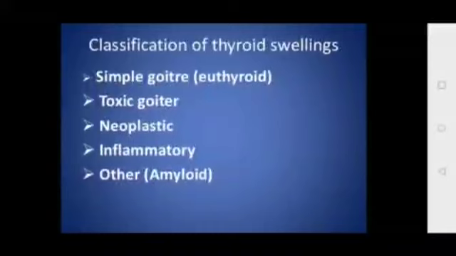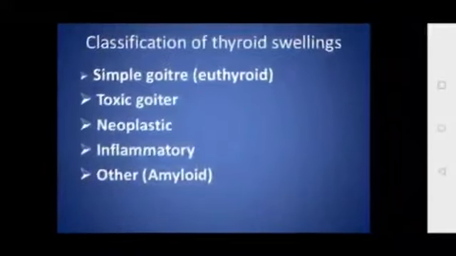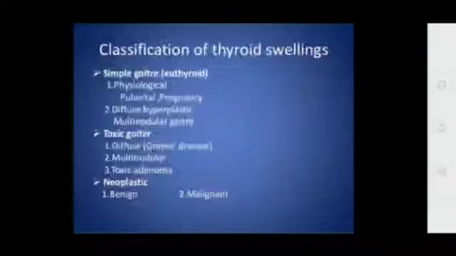In case of toxic goiter, as we discussed, it can be a hyperplastic goiter, meaning multinodular goiter. It can be a simple toxic goiter or multinodular goiters. Coming to neoplastic, it is benign or malignant. In case of inflammatory, it is acute, subacute, or chronic inflammatory disorders.